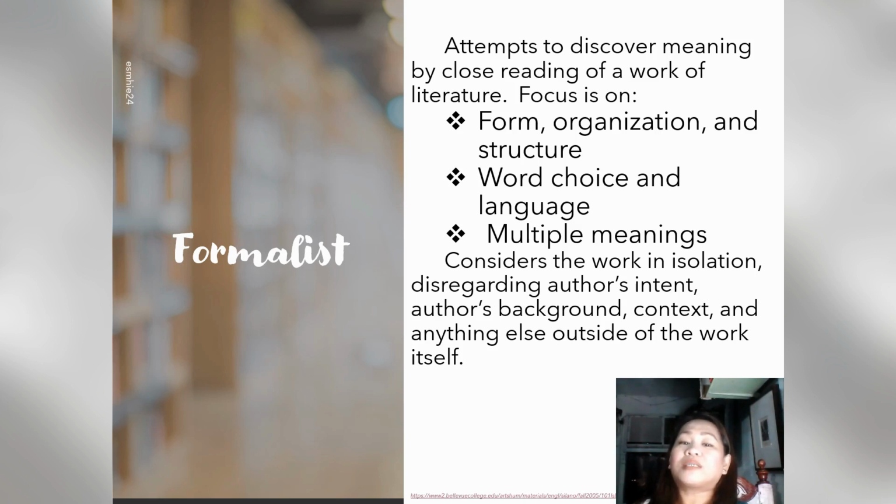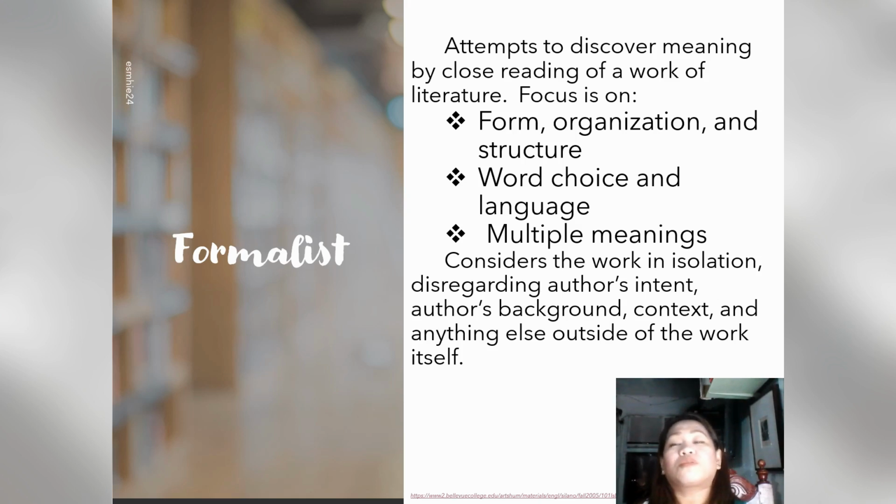So, a formalist critic examines the form of the work as a whole, the form of each individual part of the text, the individual scenes and chapters, the characters, the setting, the tone, the point of view, the diction, and all other elements of the text which join to make it a single text. After analyzing each part, the critic then describes how they work together to give meaning, the theme, to the text.